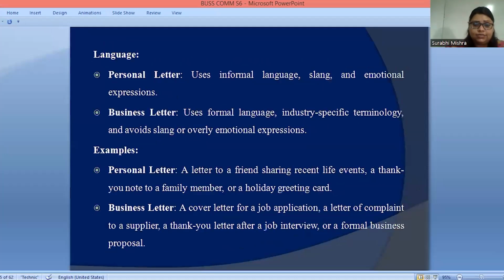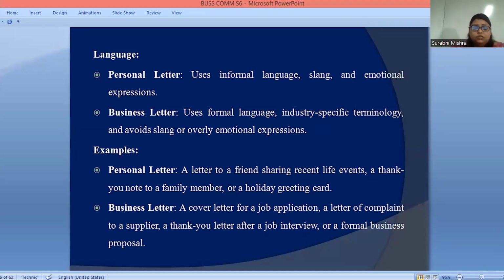Moving towards the next difference, the language. The language we use in a personal letter is informal, with slang and emotional expressions. But a business letter uses formal language, industry-specific terminology, and avoids slang or over emotional expressions.